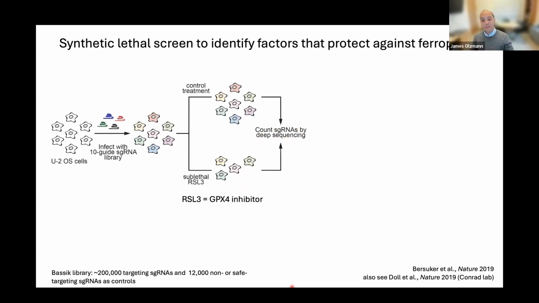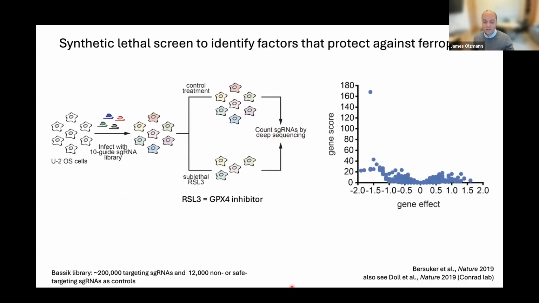And I remember when we first did this screen, I imagined that we were going to get out many hits. We had ways to deconvolve this and ways to put these into pathways and prioritize. When we did this screen, it was very clear what gene we should focus on. It had a high confidence score and a sensitizing effect, indicating that loss of this gene was sensitizing to ferroptosis.